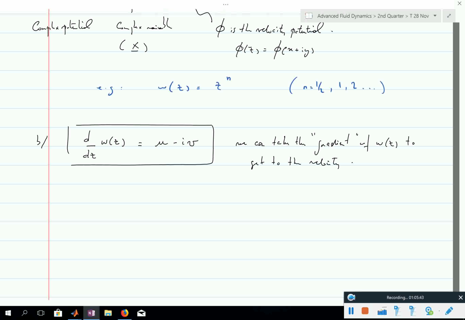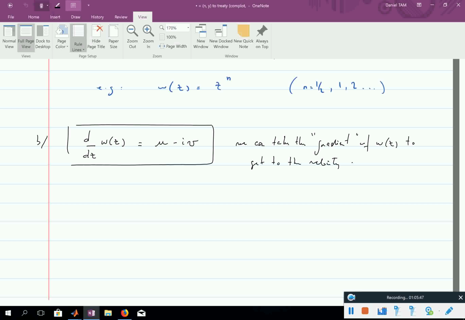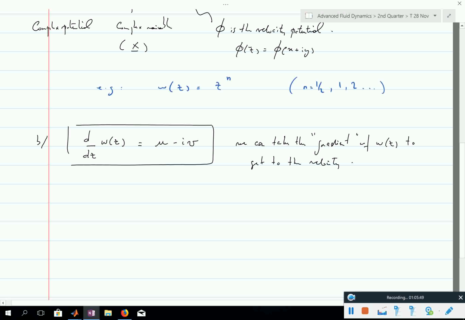But if I take the same example as before, and we'll see in a minute what flow this corresponds to, say I have a flow represented by this complex potential, and I want to get to the velocity. What is the velocity field?